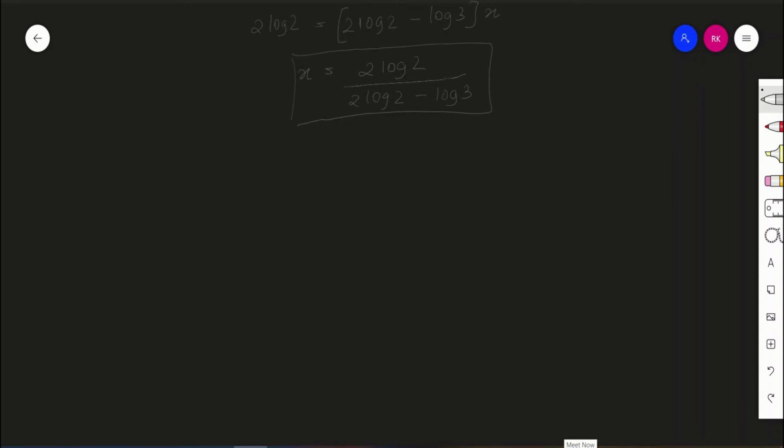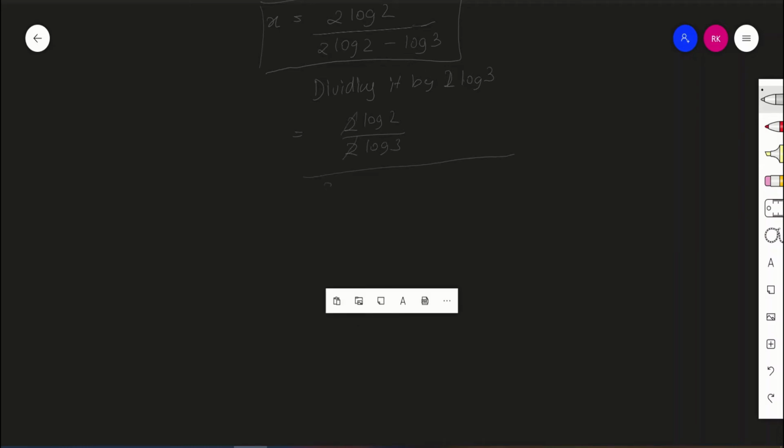So what I can do is I can even more simplify this by dividing it by log 3, dividing it by 2 log 3. So 2 log 2 upon 2 log 3.